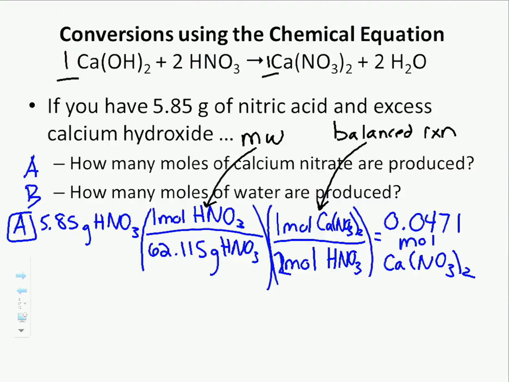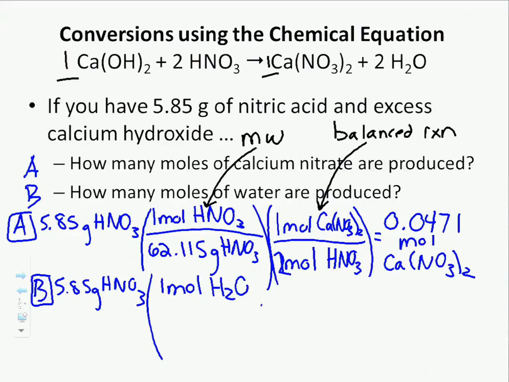So that's part A. Part B is the same way. We have 5.85 grams of HNO3, and instead of trying to get to calcium nitrate, we're trying to get to water, but we still have to go through moles. You always, always, always have to go through moles. So 1 mole of HNO3 to 62.115 grams of HNO3.